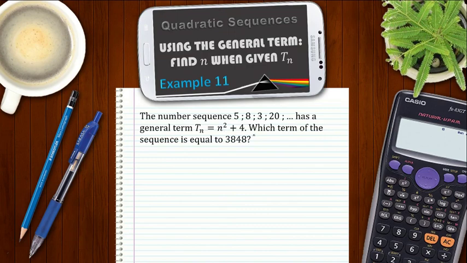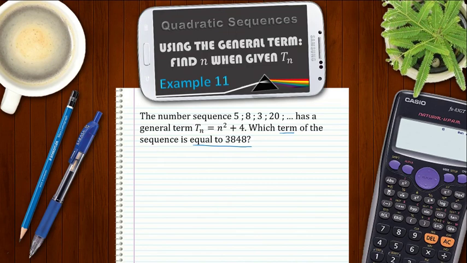So this is where reading plays a big role. If they say which term is equal to this value, that means that's the term's actual value. So that's your Tn, which means that you have to solve for n.